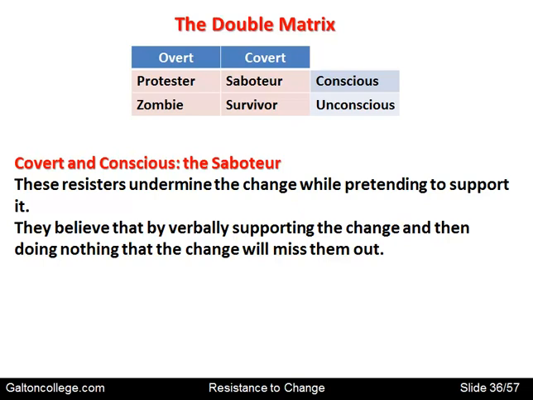That's their belief. The change will happen, but they will be left alone. They will be left with the old system and be able to carry on their life as normal, the way they see it.